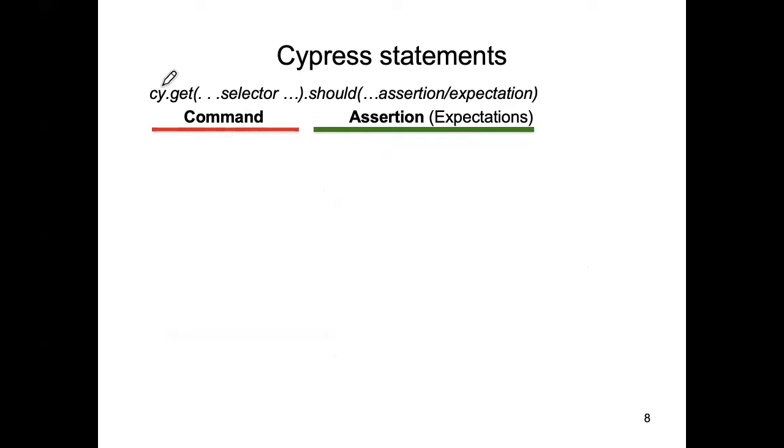So cy is just a global object that Cypress creates. And then you invoke commands on that cy object. And the purpose of the commands is nearly always concerned with trying to find a particular HTML element on the web page that's currently displayed in the browser.